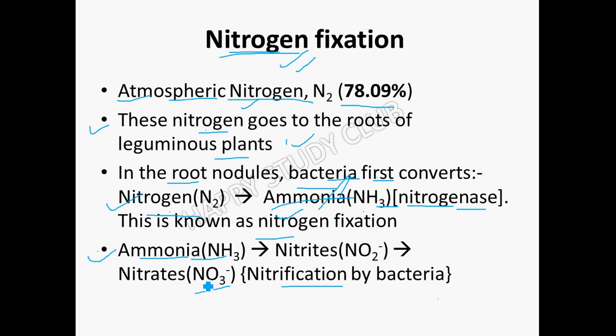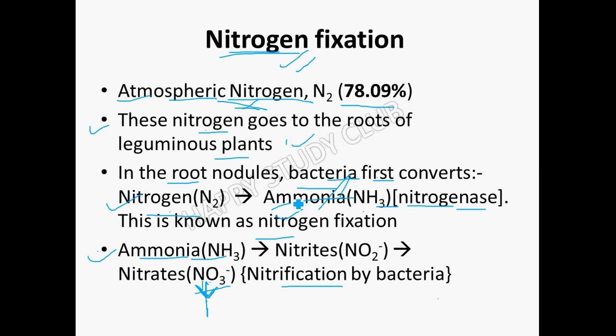Now the plant will take these nitrates, NO3 ions, from the soil, because plants can't take atmospheric nitrogen directly.